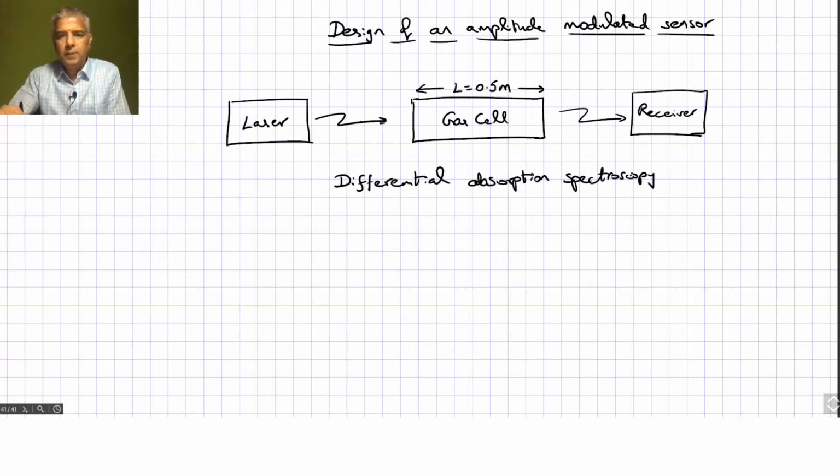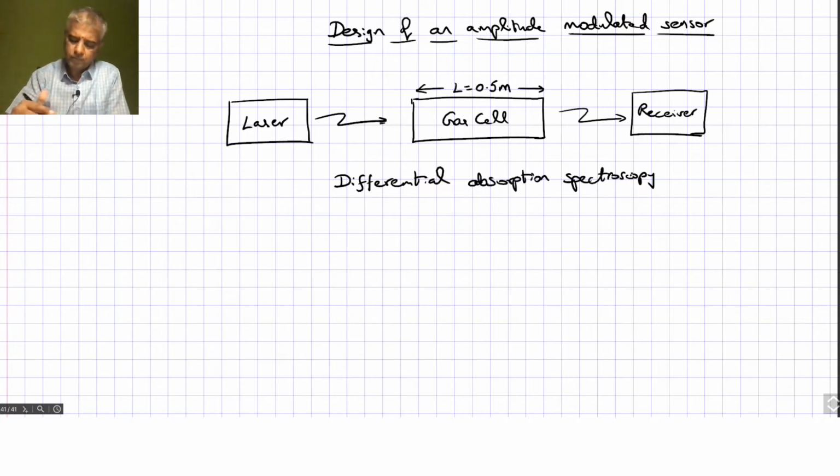We send a light beam through this gas cell at a wavelength corresponding to the peak of resonance for an absorption event, and then we measure what is the power that's coming through. Then you tune the laser. Suppose you have the ability to tune the laser, so you tune the laser so that it goes off resonance, and then you make one more measurement.